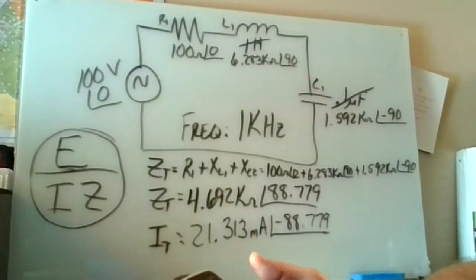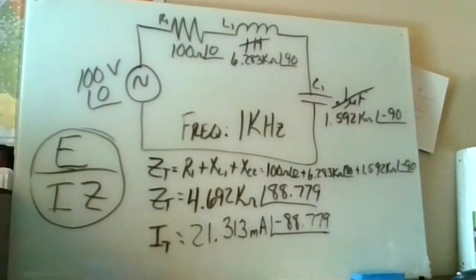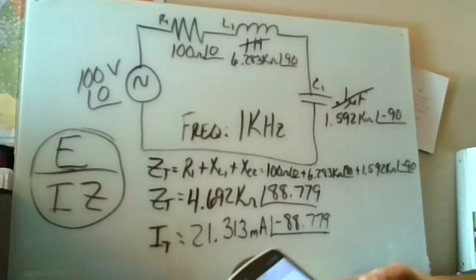Okay. So let's do our Z total again, and I'll show you how to store it. So we want 100, shift our little angle button 0 plus 6.283 exponent 3, shift our angle button 90 plus 1.592 exponent 3, shift our angle button, hit our little negative sign, negative 90, and hit equals.